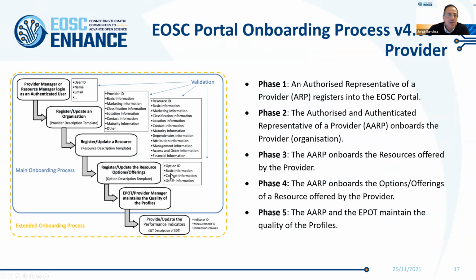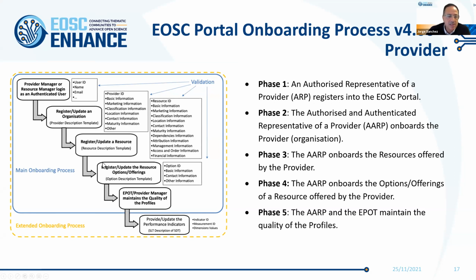changes. And now the onboarding process for the single provider includes 5 phases, from the onboarding of the authorized representative of the provider to the later on the provider, the resource, and all the other steps that are needed until the provider and the resources are approved and made public at the portal.